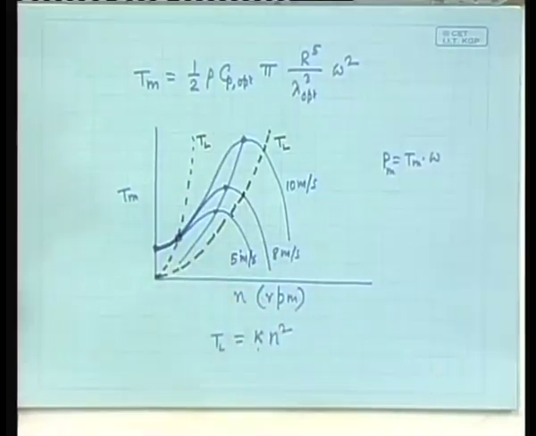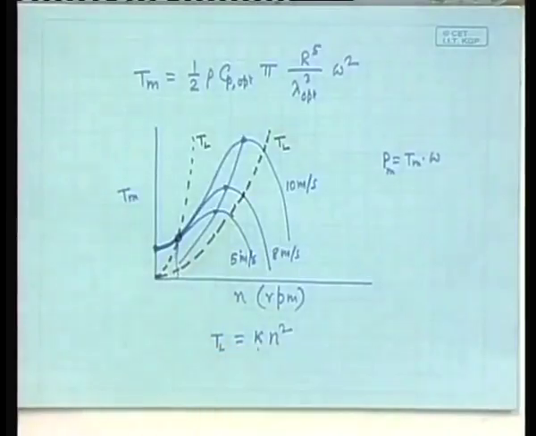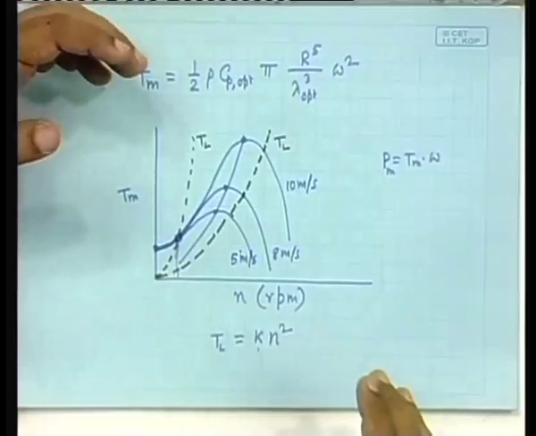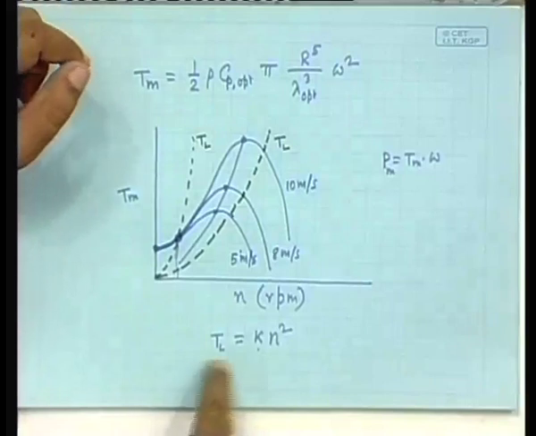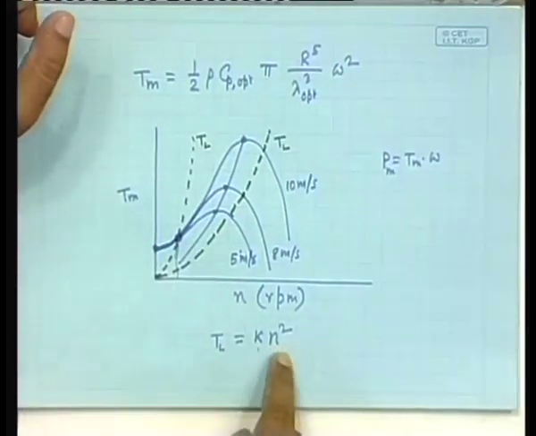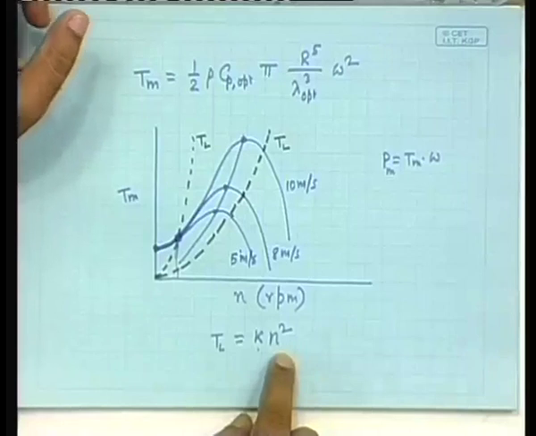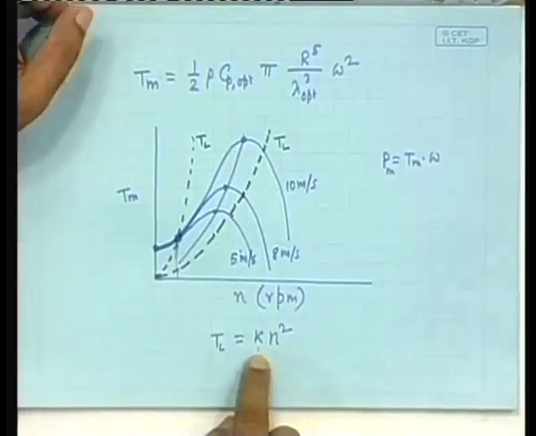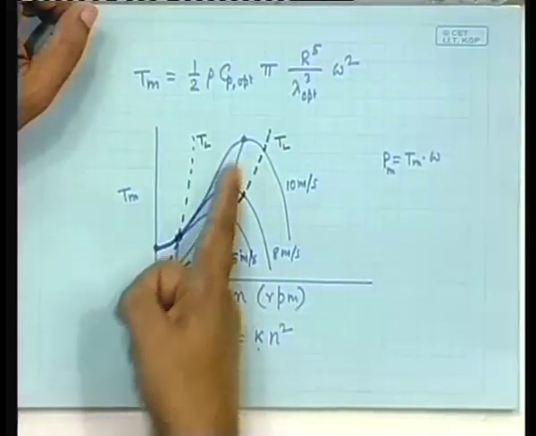It will operate here, which means the wind turbine will not speed up at all. It will operate at a very low speed. So, you can easily see how important the choice of the load characteristic is. The load should be such that the load torque is proportional to the square of the rotational speed. Not only that, the constant of proportionality should be so chosen that it operates along this line.